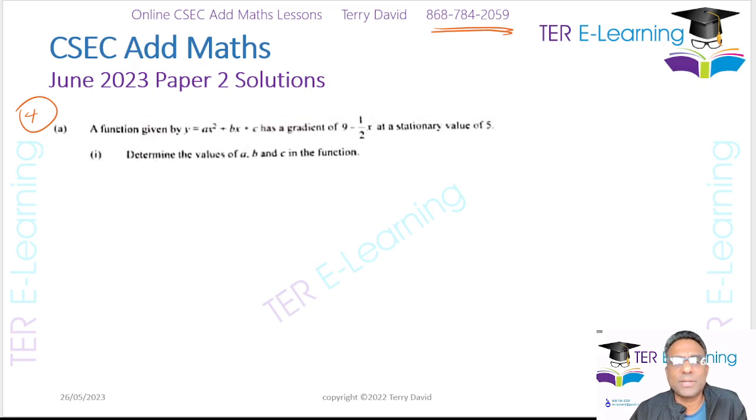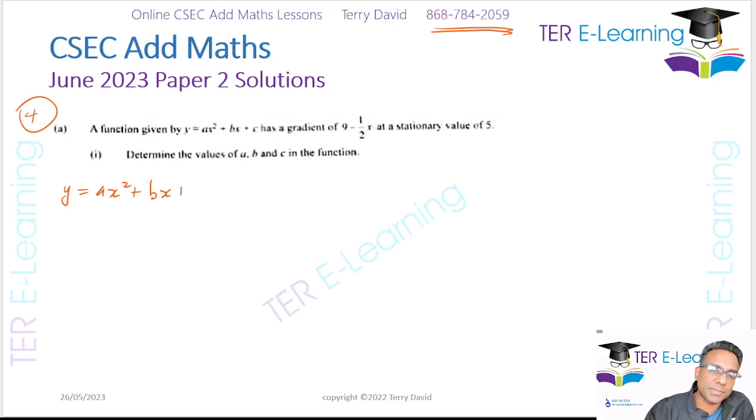For this particular question here, if any of you did the specimen paper for June 2021, there's a question very identical to this in that paper. With my Form 5 class, we just did that paper before the exam. So what we have here is an equation y is equal to ax squared plus bx plus c.